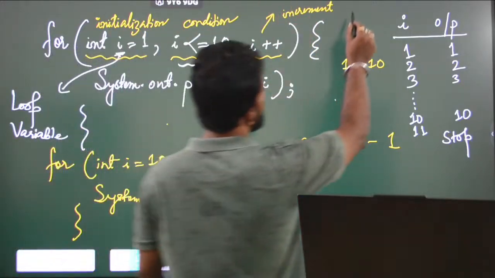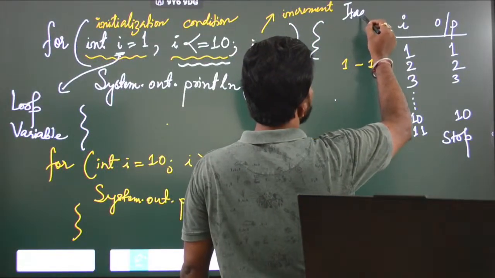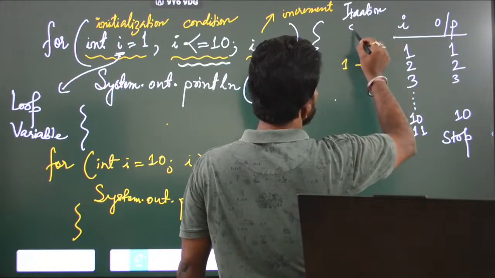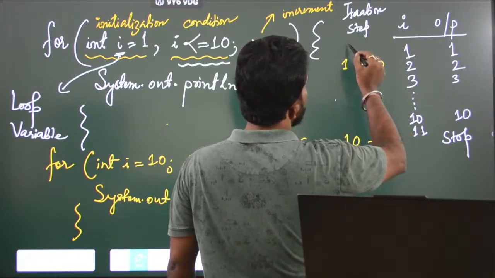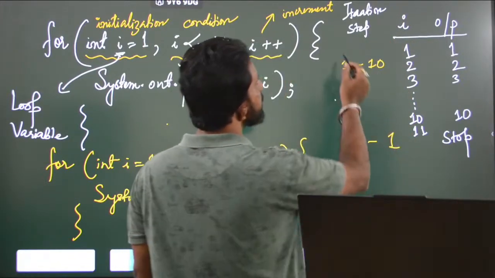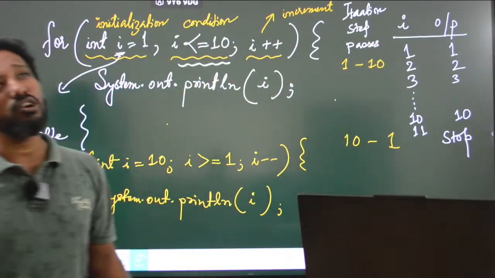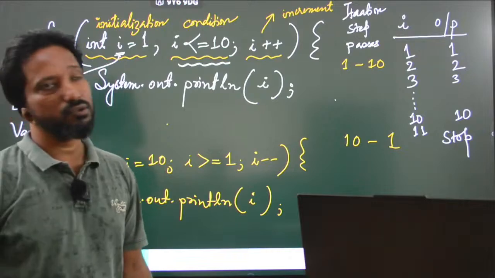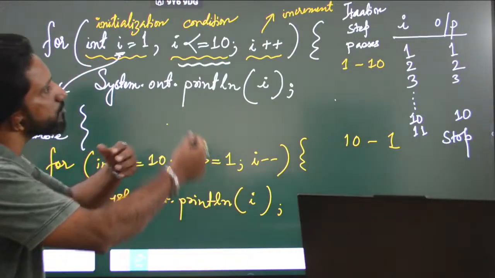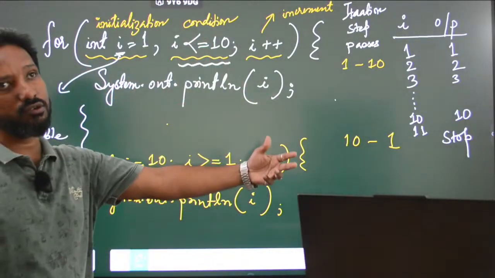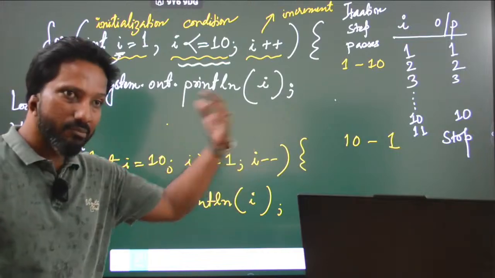This word is very important. Iteration, step, you can say number of passes. This kind of words you will be using a lot when you are learning about DSA. So iteration is the number of times a loop executes, the number of times something happens.